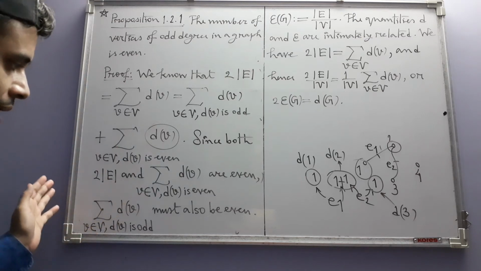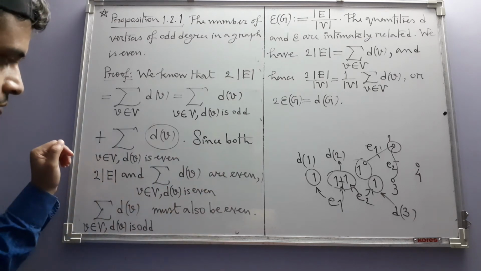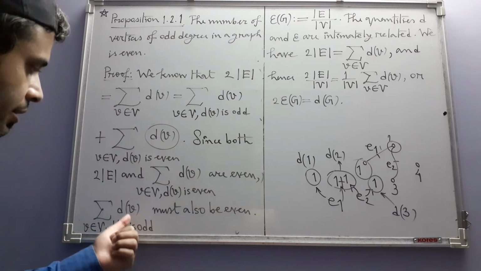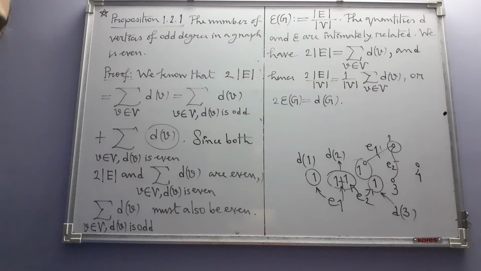Now when we add odd integers, we get an odd integer if the number of integers is odd and an even integer if the number of integers is even.